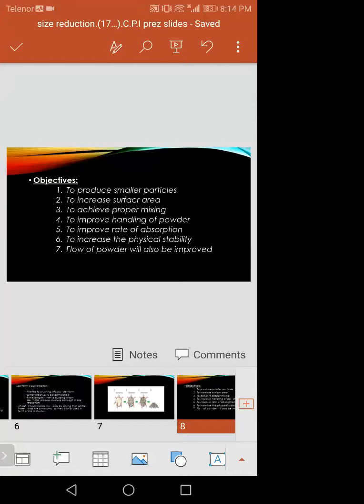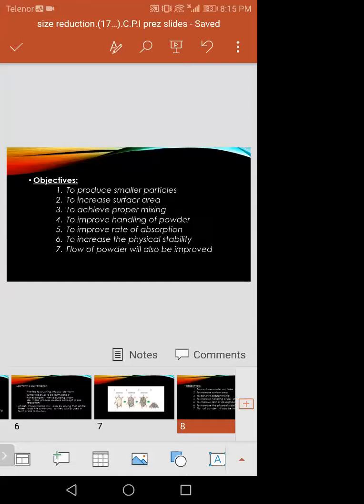In objectives, I'll explain why we use this process and why we are converting larger particles to smaller ones. If we carry out any process, whether in the laboratory or in any other way, we see that smaller particles are easier to handle as compared to bigger ones. The main reason is also that their dilution becomes easier. So the first purpose is to convert bigger particles to smaller ones, due to which their surface area is increased.